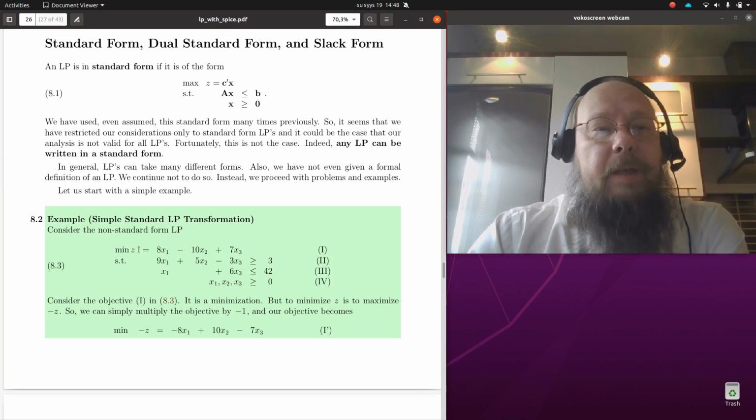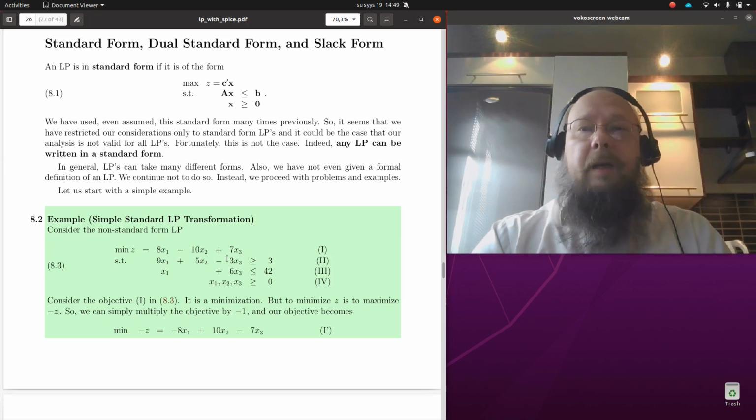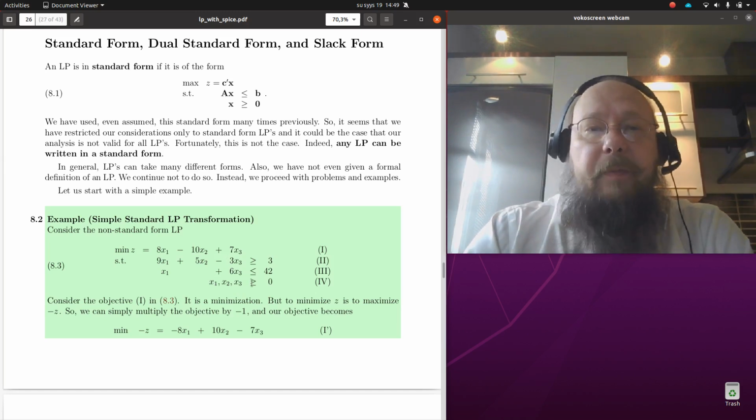It's a minimization of something like this, and it's subject to two constraints. First, we have something like this with a lower bound 3 and something like what we have here with an upper bound 42. And I have this sign constraint, so there are 3 decision variables and all of them have to be non-negative, or as I call them, positive.